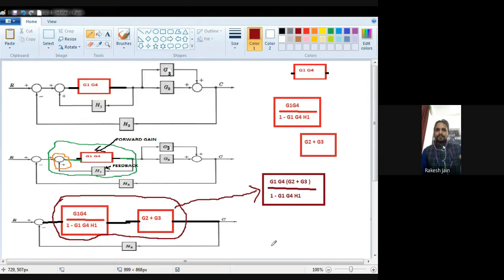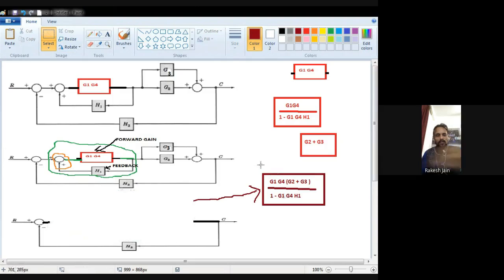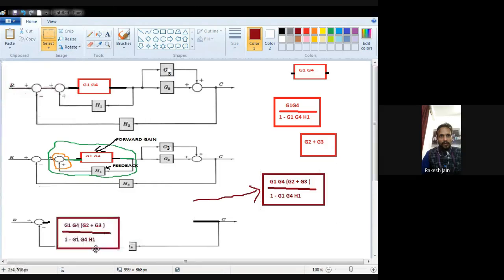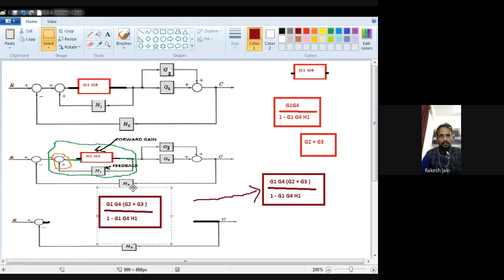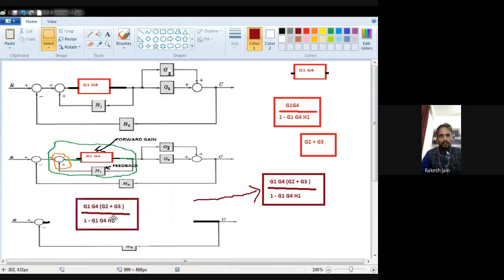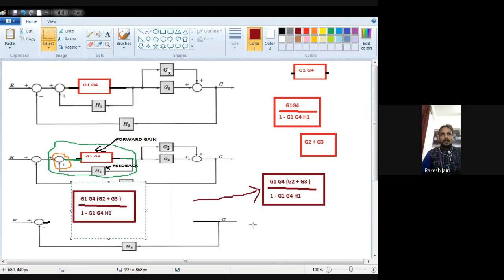Okay, so just use this one. I remove these two blocks completely and put a single block which came from the solution of those two blocks via the block diagram reduction rules.